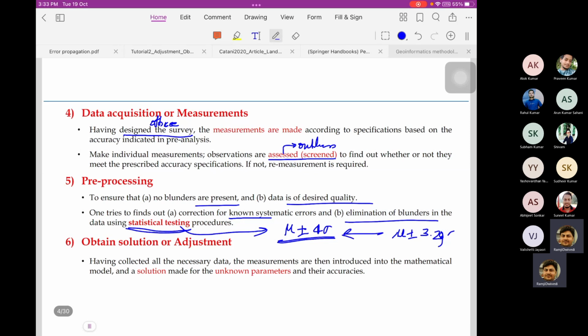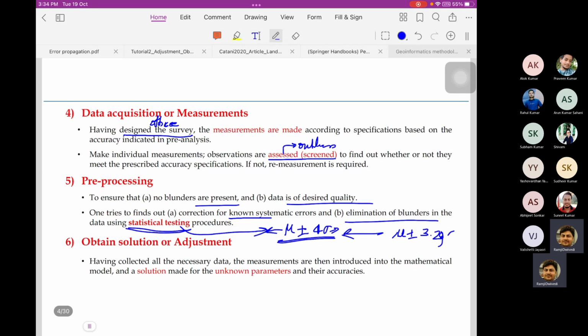We apply this threshold, and values outside that domain would be considered outliers and they would be removed. And if you know the system, and if you are working in a harsh environment where your observations are subject to atmospheric correction, you generally apply those models to correct any known systematic error. So that would take care of the processing part.